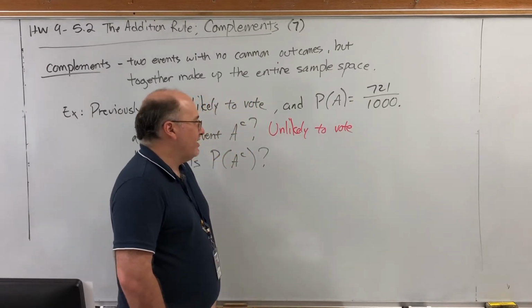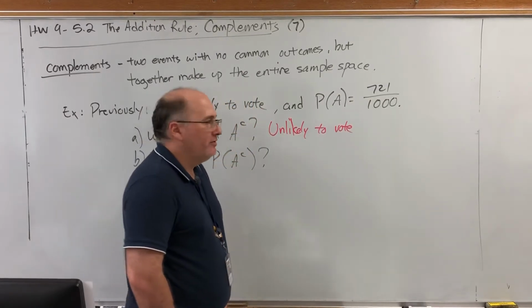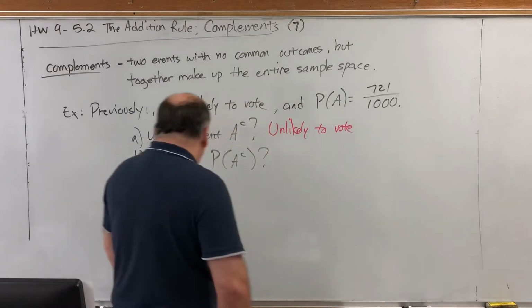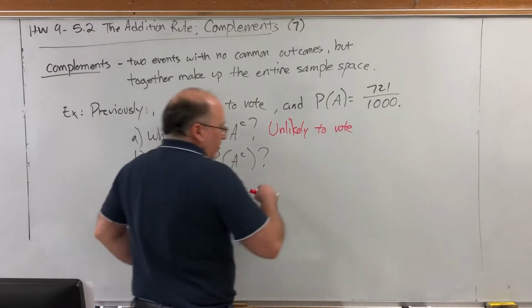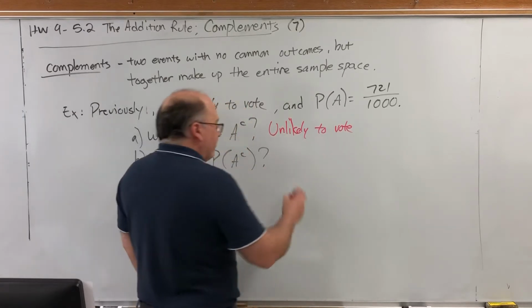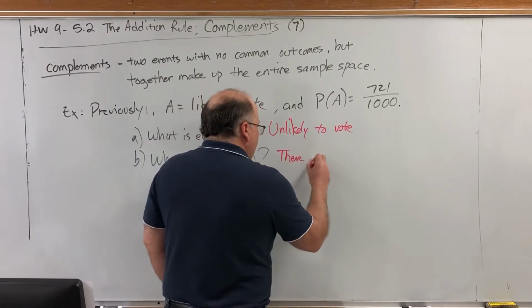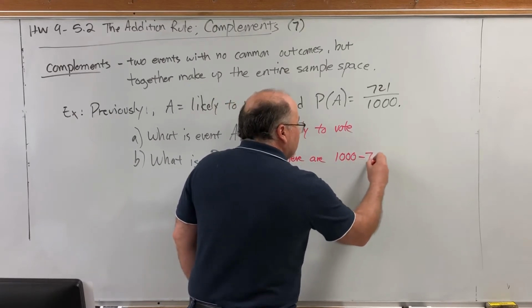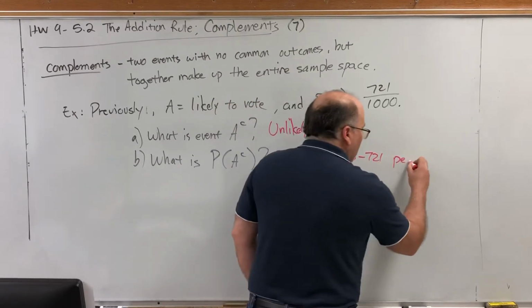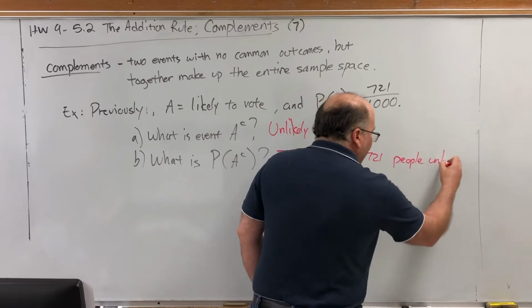So how can we calculate the number who are unlikely to vote? And the answer is subtract. Now, there's two ways to view the subtraction. Let's take the path that I've taken us down. There are 1,000 minus 721 people unlikely to vote.